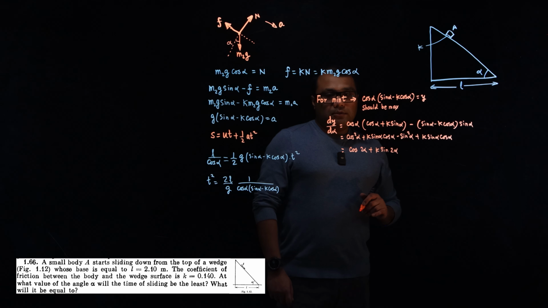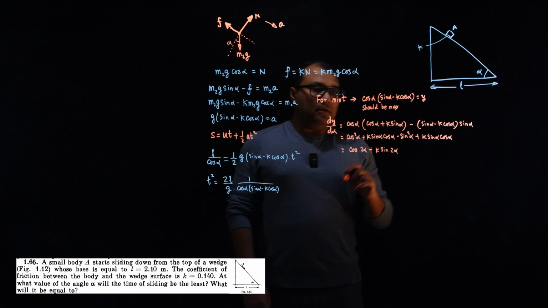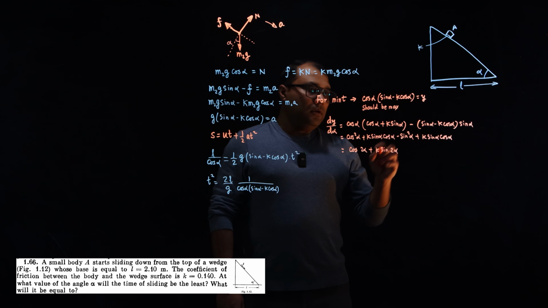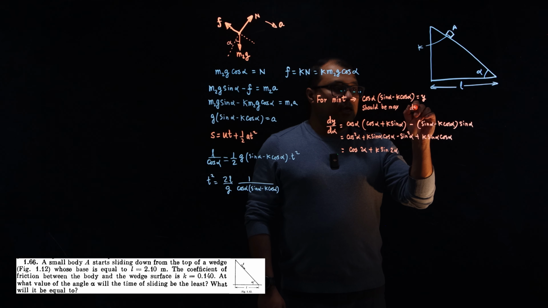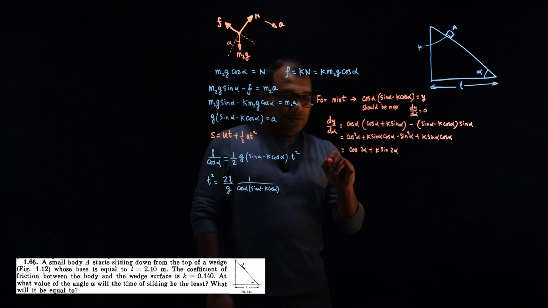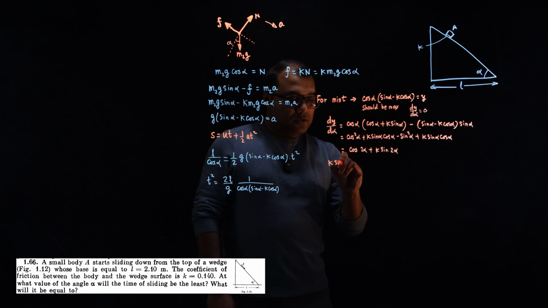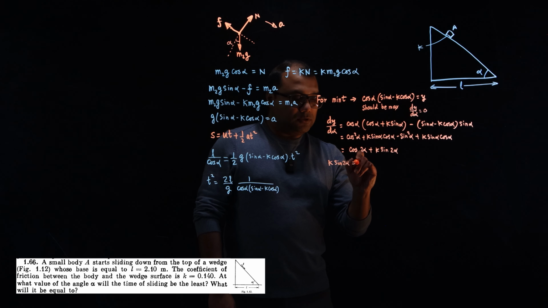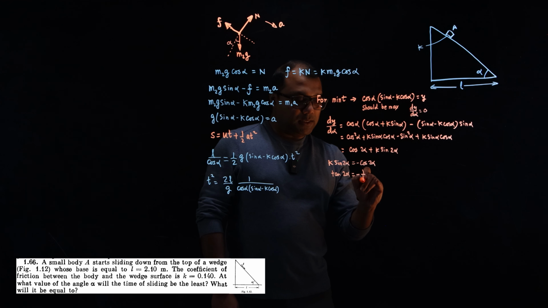So for max y, dy by d alpha should be equal to 0. So if I substitute that, k sin 2 alpha should be equal to minus cos 2 alpha, or tan 2 alpha should be equal to minus 1 by k.